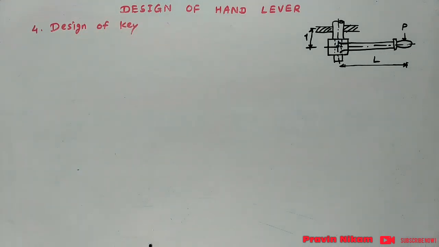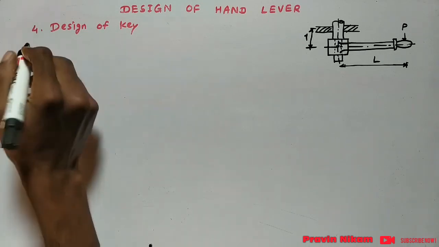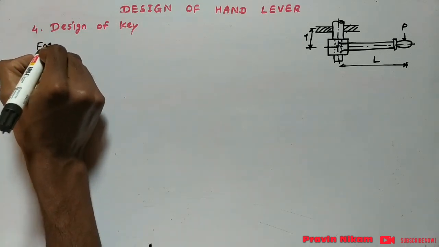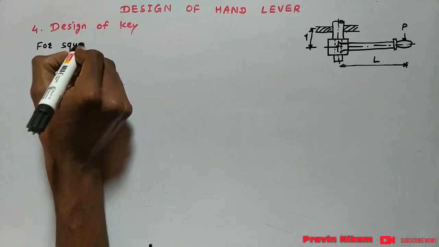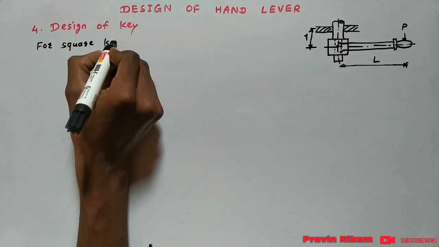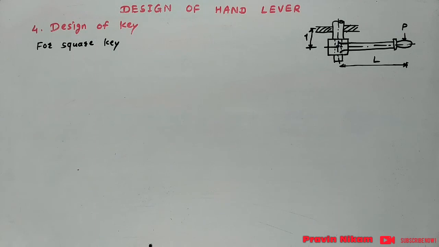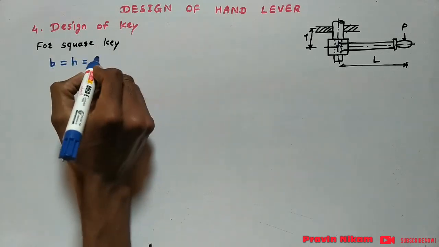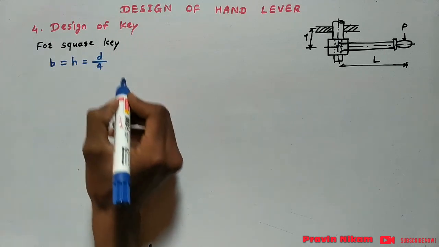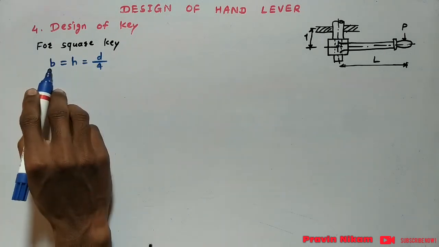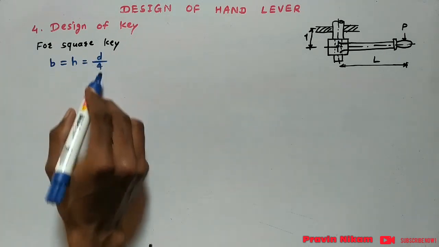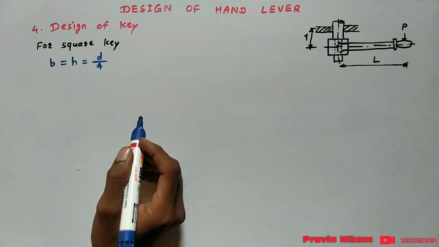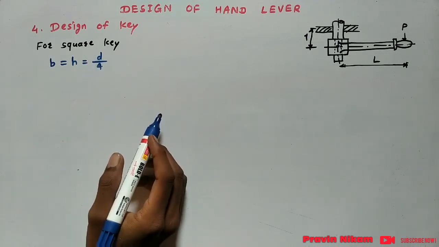Now we know that for square key, B is equal to H is equal to D by 4. So width of key is equal to height of key is equal to diameter of shaft by 4.